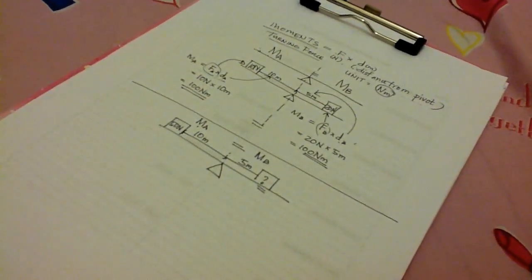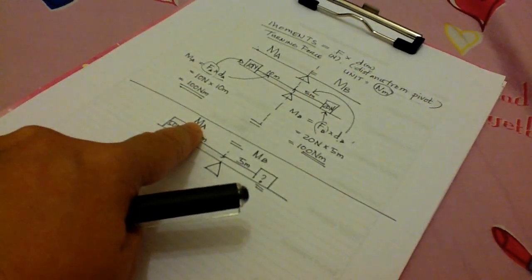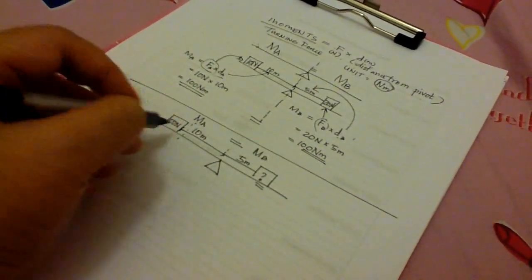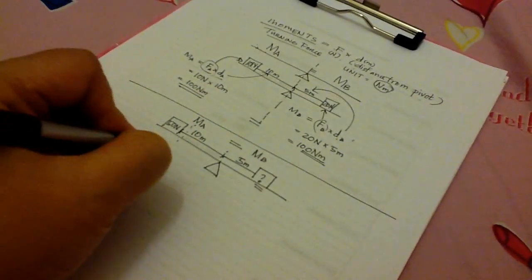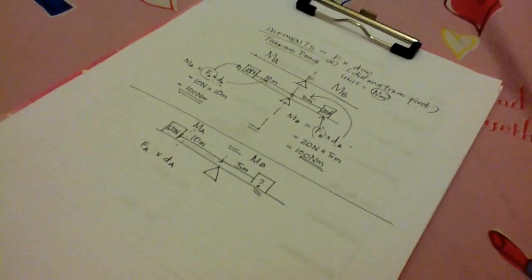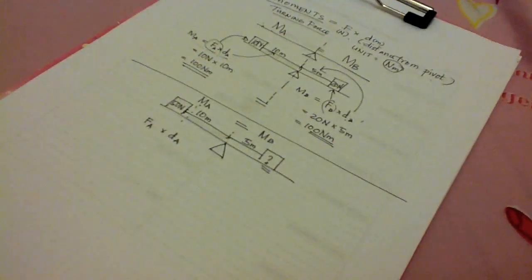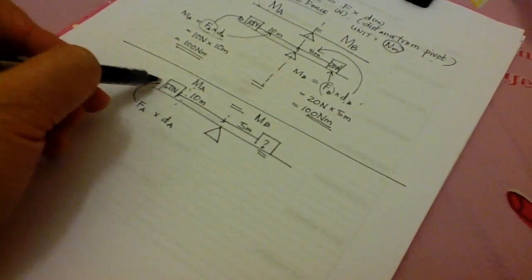Okay? What do we do next? We compute for the moments of side A. So what is the formula for the moments of side A? It's force of side A times distance from the pivot of side A. Do we know the force of side A? Yes, we do. It's 50 newtons.